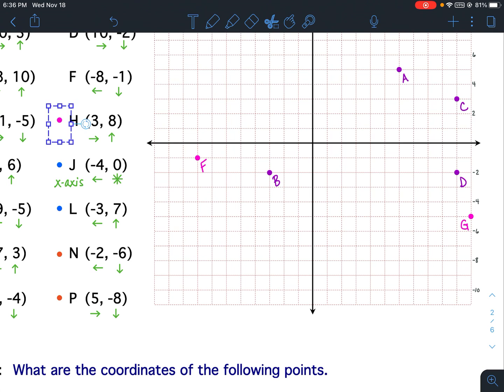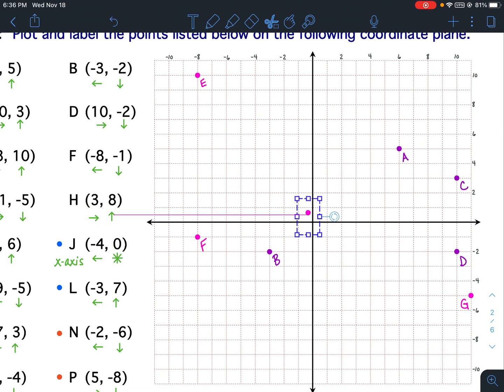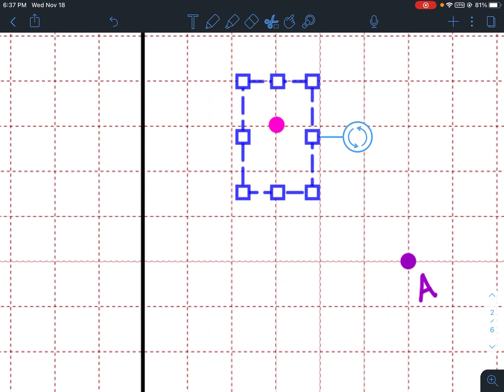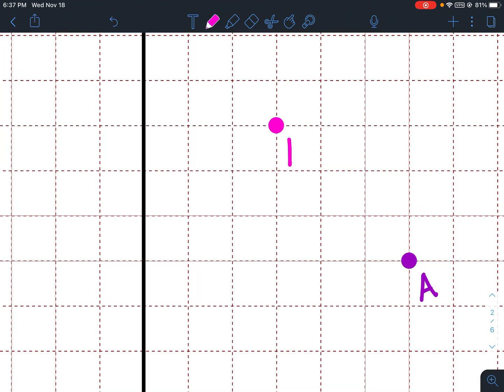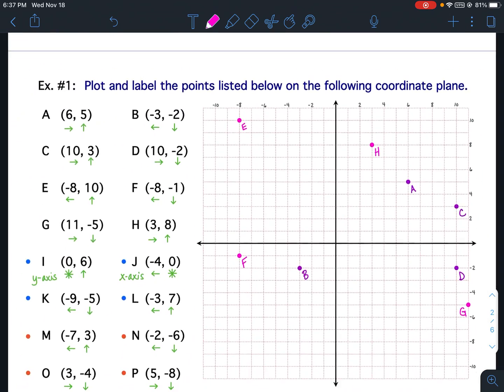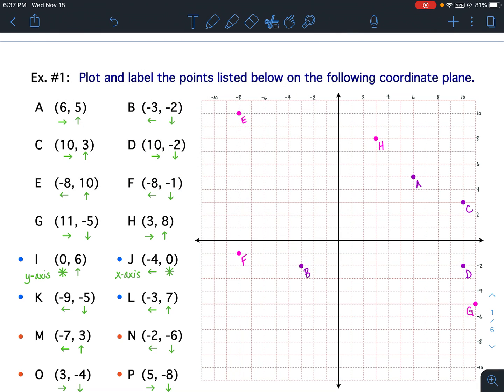H is to the right 3 and up 8. So to the right 3, starting here, I go 1, 2, 3, and then up 8. 1, 2, 3, 4, 5, 6, 7, 8. And this is H. All right, we discussed that I is on the y-axis.